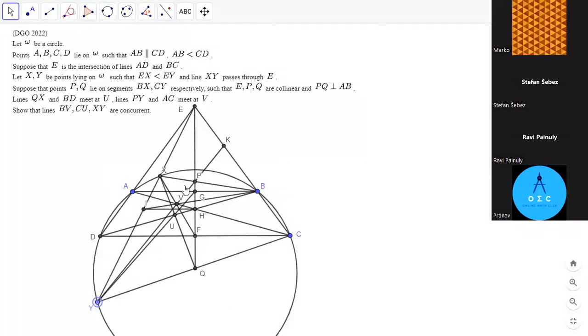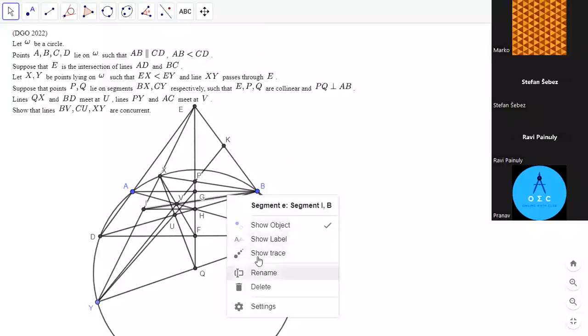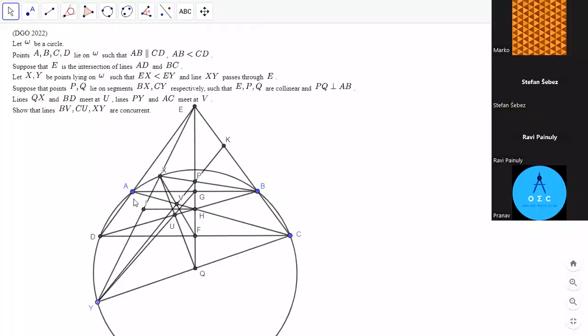So basically, we could do it the other way, like you said, where we draw the parallel, and then we want to show B, V, and I are collinear.